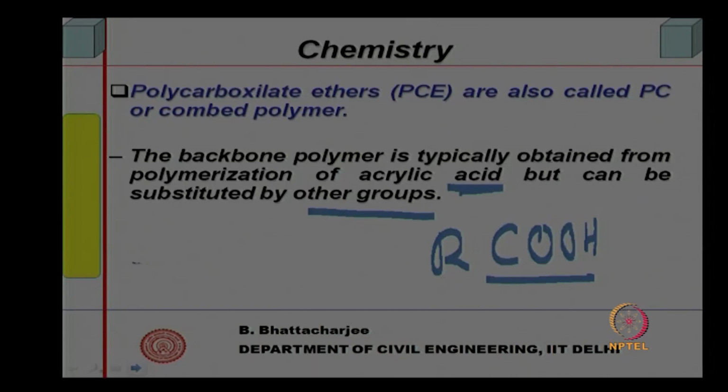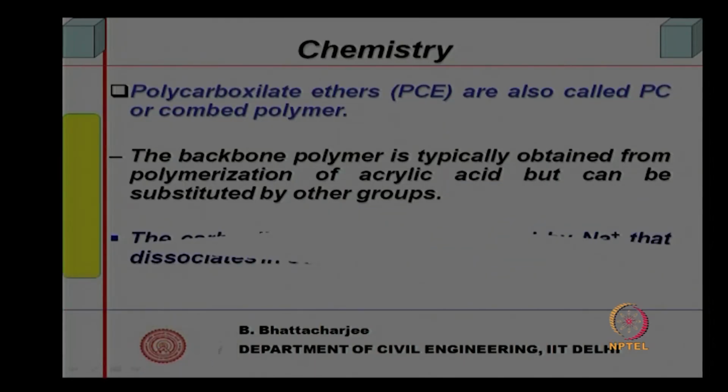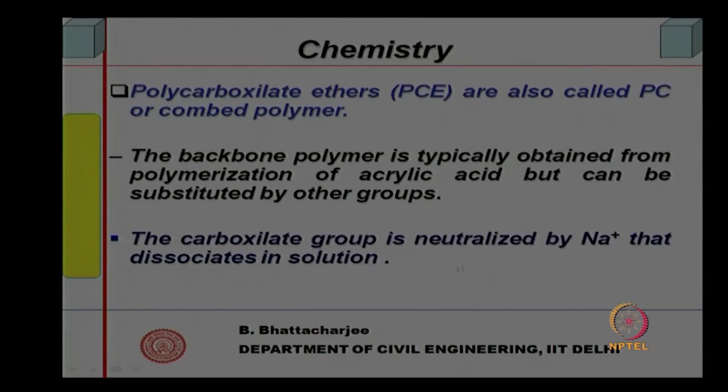So, there is a lot of possibility, actually, that is why many groups can act here, and this group is finally then neutralized by sodium that dissociate into solution. So, carboxylate group is neutralized by sodium, and in solution sodium gets separated out, leaving everything else negative, which can get attached to the cement particle.